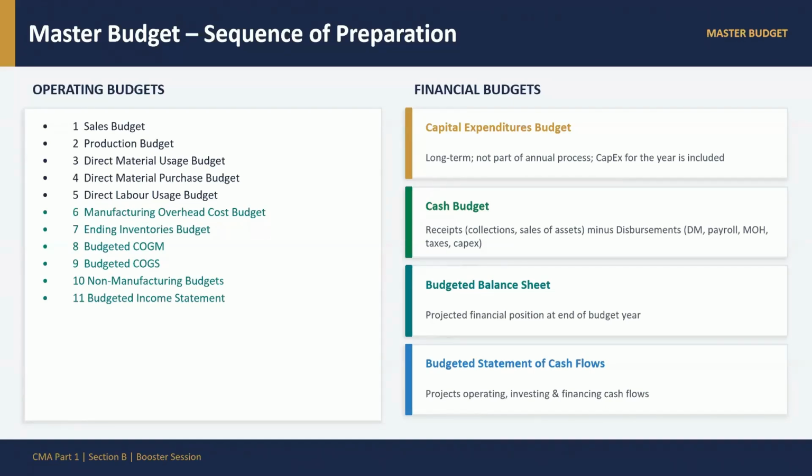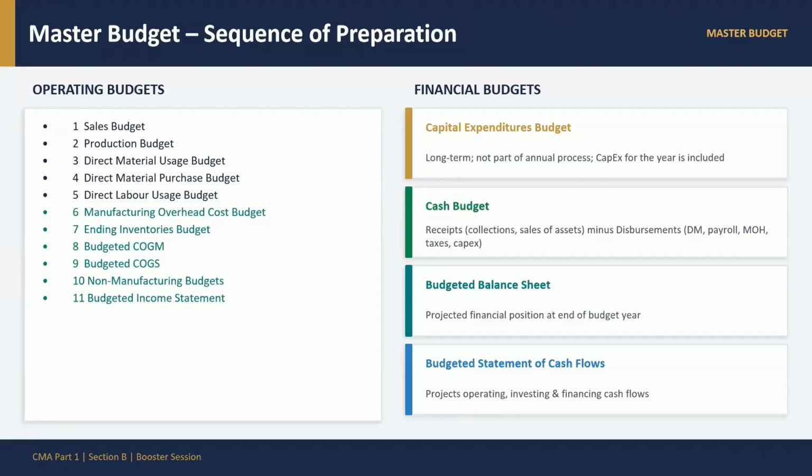Then comes the manufacturing overhead cost budget. Later, we have the ending inventories budget, followed by the cost of goods manufactured budget, then the COGS budget, followed by non-manufacturing budgets. Then we have the budgeted income statement. In the same order, we will prepare it.